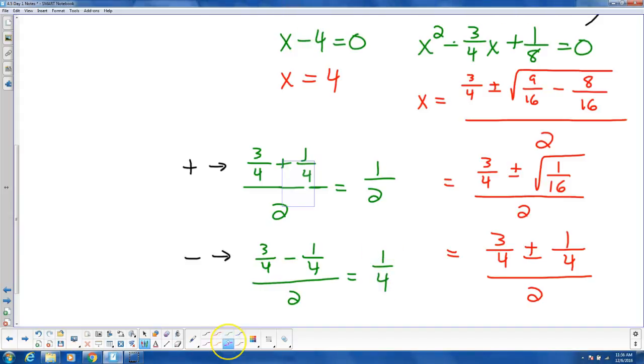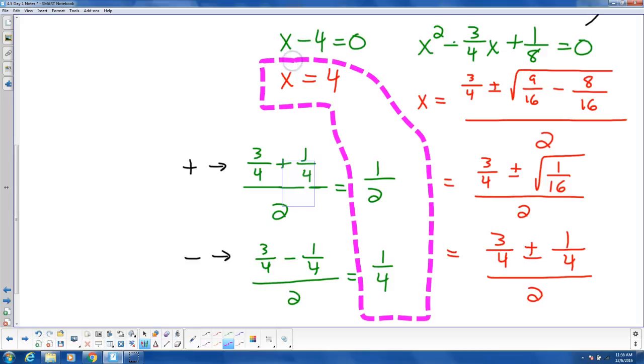So my 3 answers here are x equals 4, x equals 1/2, and x equals... Oh, hey, guys, I'm not done. And x equals 1/4, right?